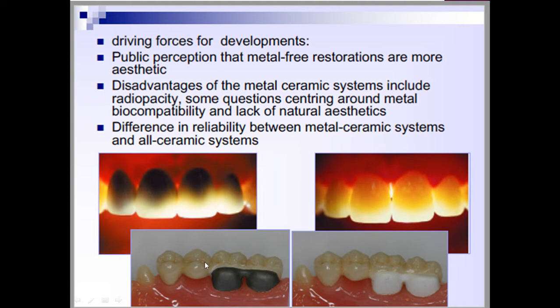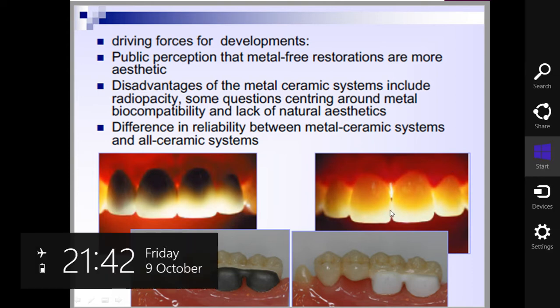If it is a metal structure, it is seen something like this, and if it is a veneering ceramic getting bonded to a ceramic substructure, this is how it looks. So the difference between these two comes in translucencies. You can see that opaqueness over here with a metal substructure, but you don't see that in a ceramic substructure.